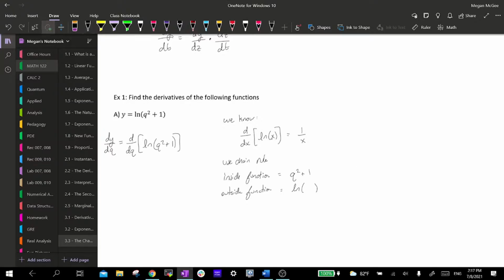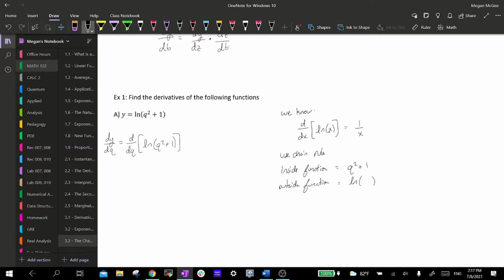So now we need to start implementing our chain rule. Okay, so our chain rule said it was the derivative of the outside, and leave the inside alone, times the derivative of the inside, right? Okay, so we determined our outside function is the natural log, which we know our derivative of the natural log is 1 over something.